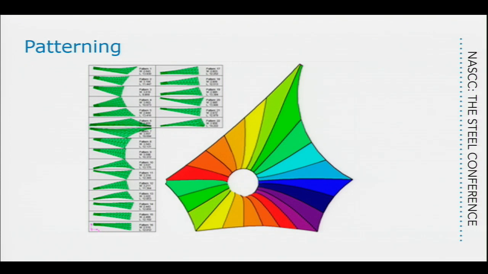Okay. Now, one of the things that happens at this stage is that when we do form finding, when we do our analysis, when we go through all of those stages, we're assuming that the material is isotropic. Means we assume that the material behaves the same in every direction, regardless of which way I pull on it. But memory structures, a lot of the materials like PTFE, they do not behave that way.